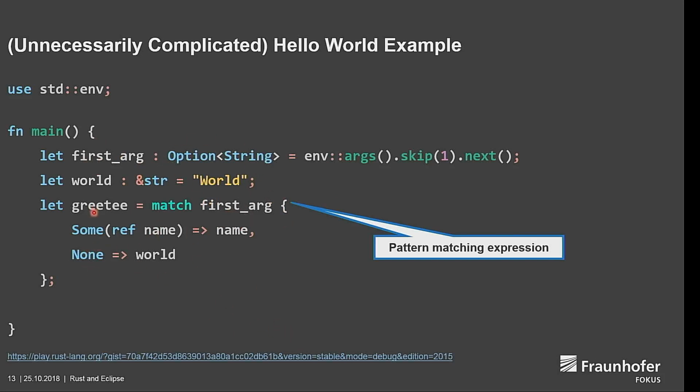It could be a Some of a String or None. So in the case of Some, we bind by a reference the name. So a reference to a String is an &str, right? So we return the &str of the name out of the first arg variable. Or in case of None, we return the default world here. So world is also an &str, so the type of this variable will be &str.